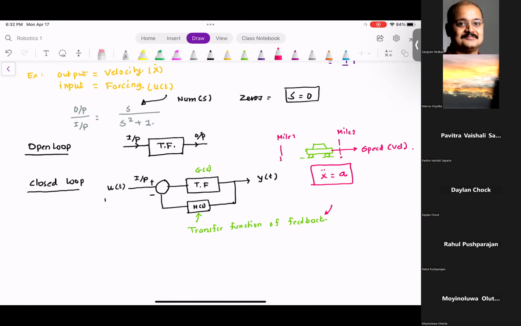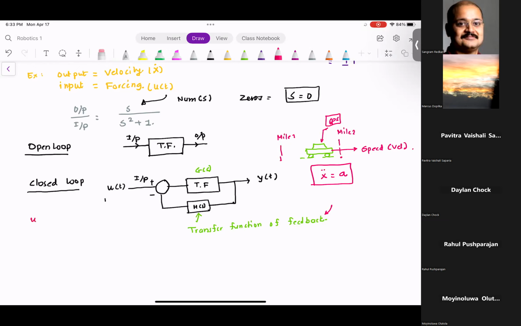Many times you just sample the output. Imagine that instead of the speed, you have GPS measurements. If you have GPS, then you directly have the travel distance, how far we have traveled. Once we know the distance traveled, we have a direct measurement of the feedback.